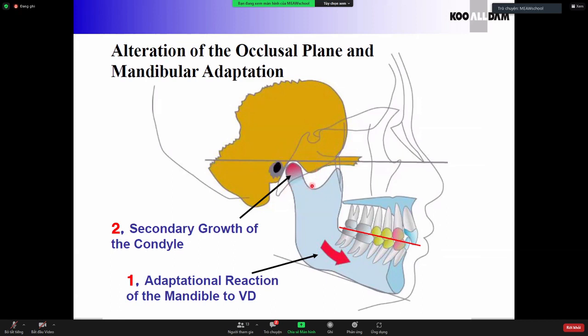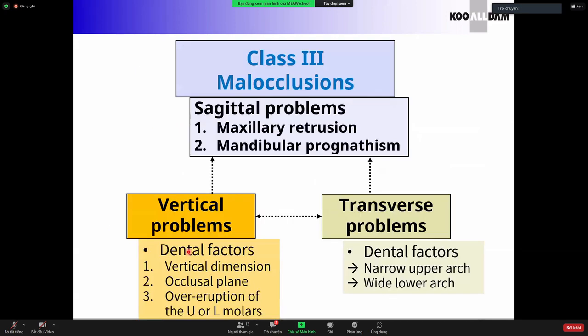I already mentioned that the condyle is a changeable structure. So the first thing is the adaptational reaction of the mandible to vertical dimension. As a result, we can see the secondary growth of the condyle. Class 3 malocclusion is a sagittal problem.